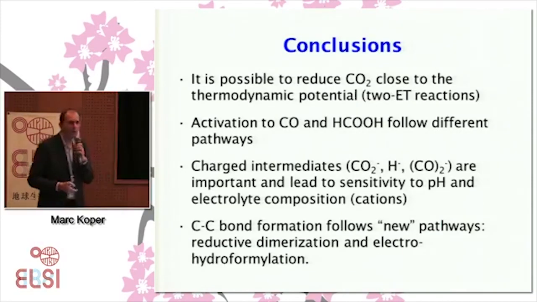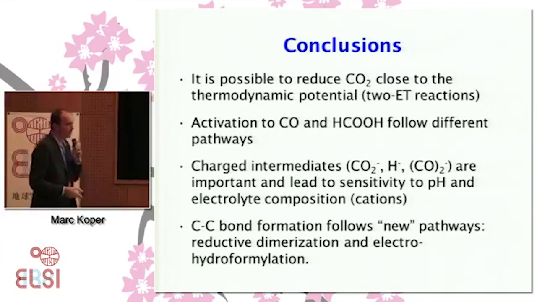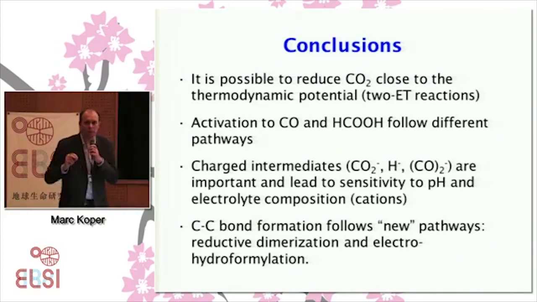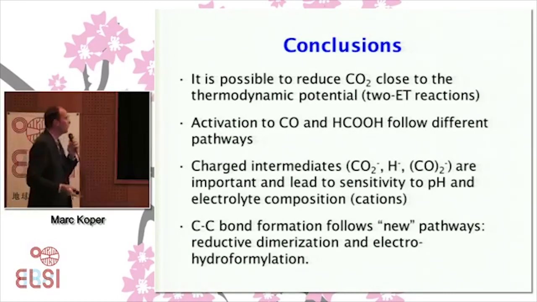Okay, that brings me to the final slide. I showed you that it's possible to reduce CO2 close to the thermodynamic potential, but you should restrict yourself to 2 electron transfer, and then you can find the optimal intermediate if you have the right catalyst. We try to argue that the activation to CO or formic acid follows different pathways depending on the nature of the nucleophilic attack.